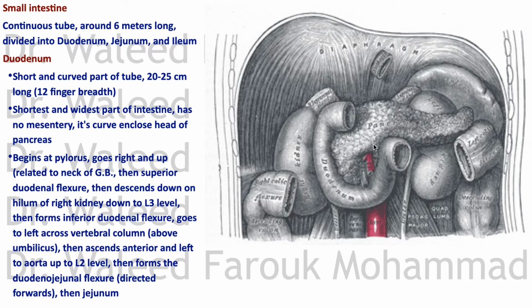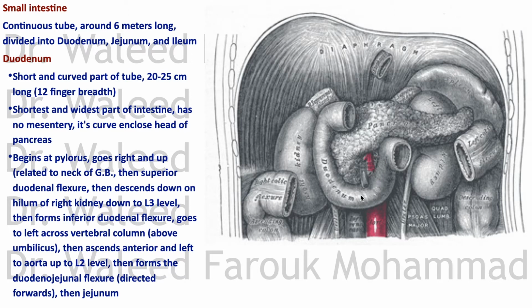So it has a first part, second part, third part, and fourth part. The first part is 2 inches long. The second part is 3 inches long. The third part is 4 inches long, and this part is 1 inch long.